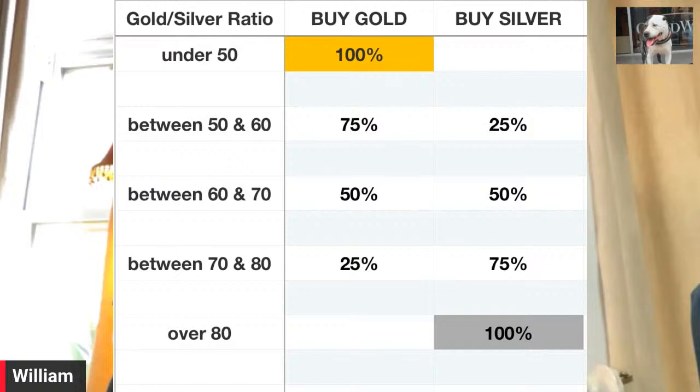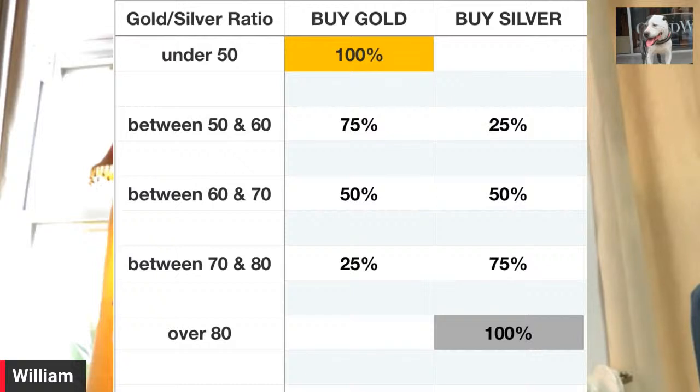And this is the point of when you decide, should I buy gold or should I be buying silver? And I let the ratio tell me what to do. I dutifully obey. What is the gold-silver ratio? It's simply how many ounces of silver it takes to buy 1 ounce of gold.